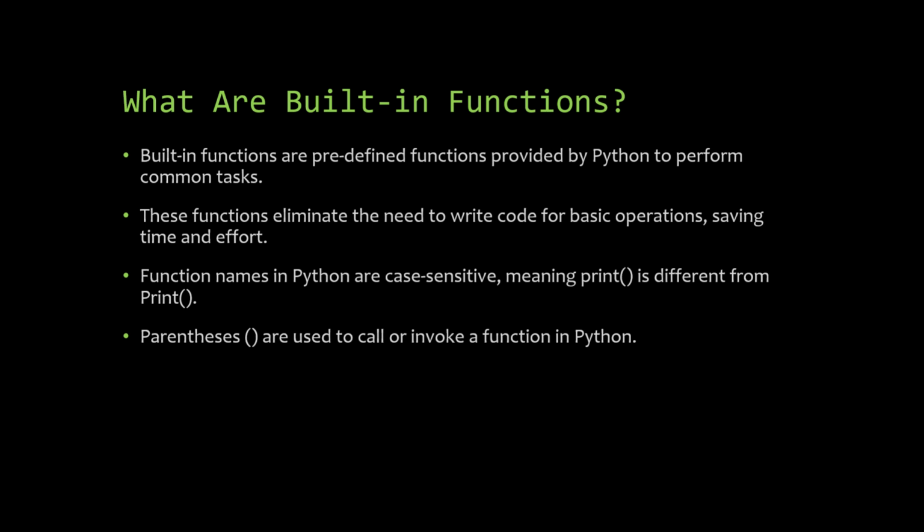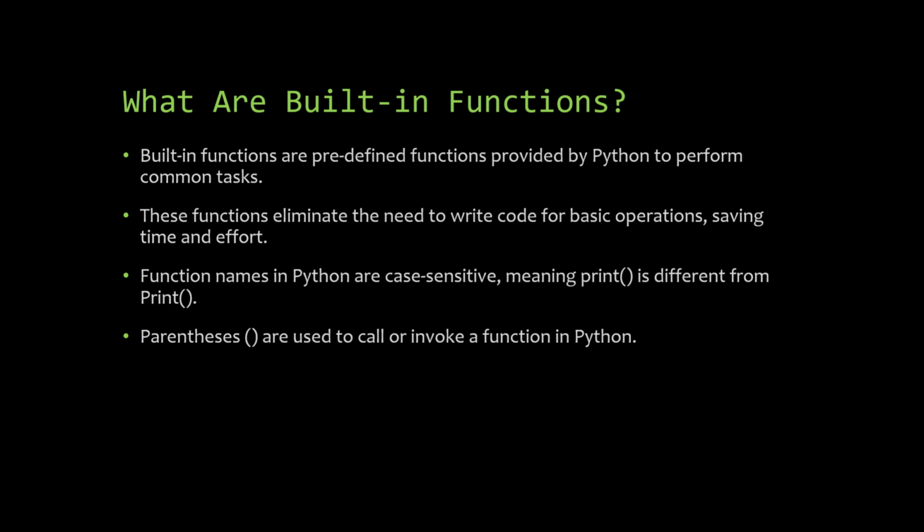When we start working with these functions, you're going to notice that a lot of them have lowercase letters on the front. The first one that we're going to talk about in a minute is print. And print starts with a lowercase p. We need to make sure that we spell it that way, because the capital P Print is actually a different function that doesn't exist.